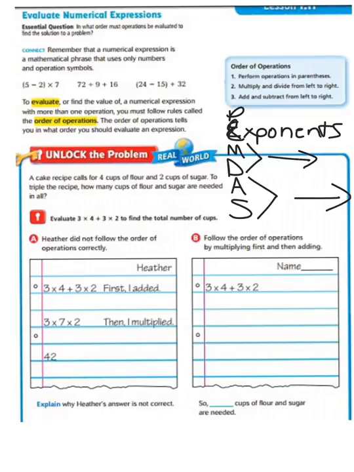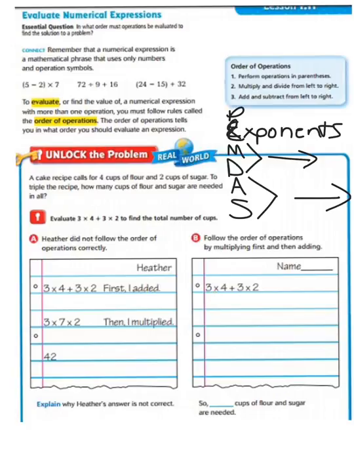But let's take a look at how we were supposed to follow the problem. So if we look at 3 times 4 plus 3 times 2, we do not see any parentheses. We do not see any exponents. So then our order of operations says to do multiplication and division from left to right.